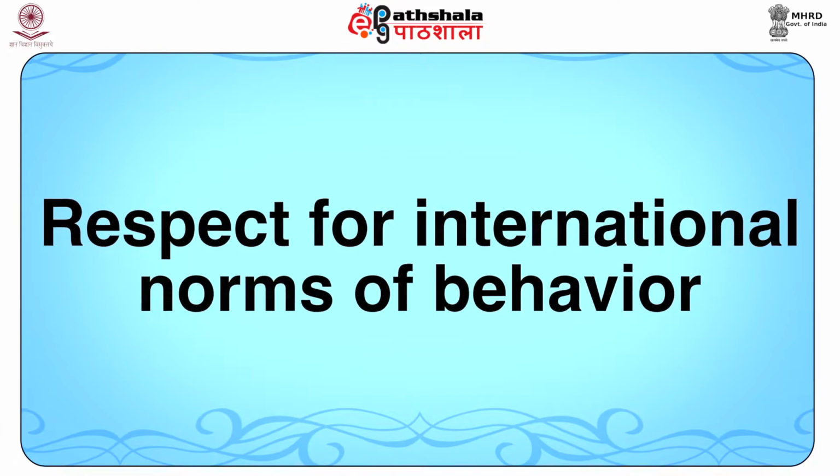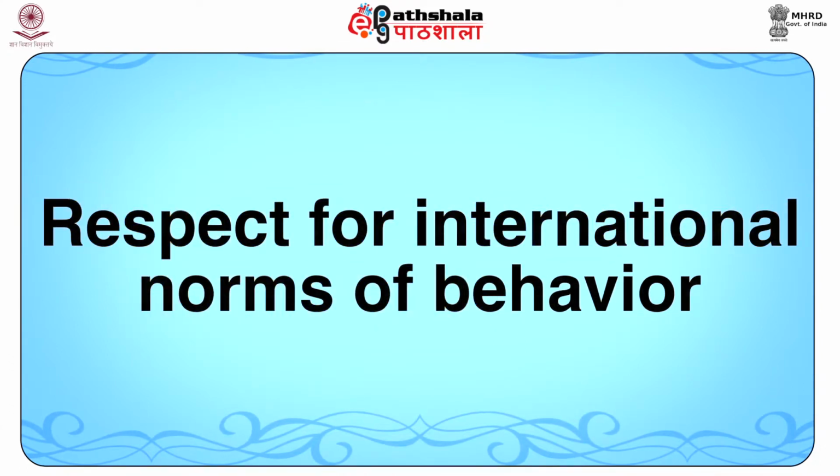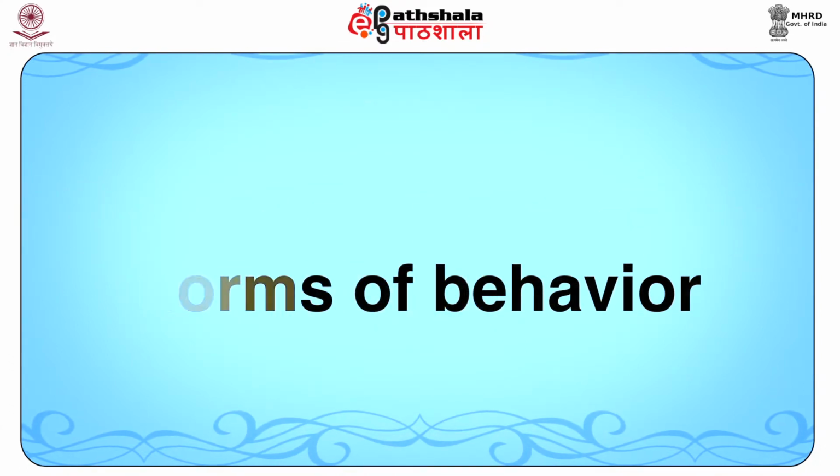Next principle is respect for international norms of behavior. According to this principle, a business organization should strive to follow the international norms of behavior while adhering to the principle of respect for the rule of law.